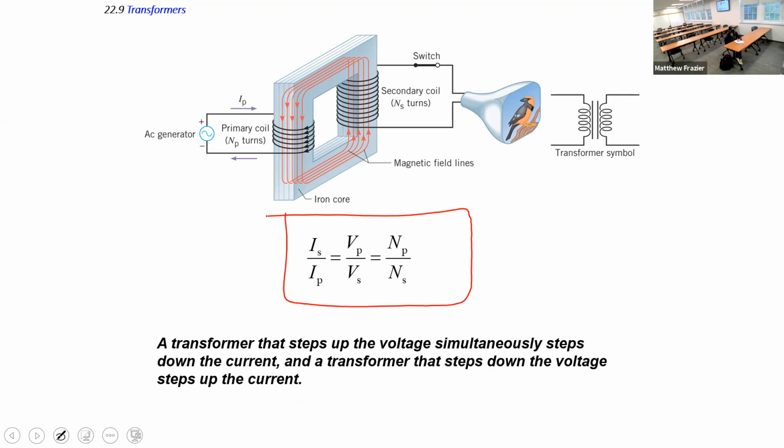And since it's ideal, we pretend there are no losses. Power in is power out. And so when you do this in the lab in a week, it'll be obvious that it's not 100% efficient. But you'll get the general idea that the more turns you have in your transformer, the bigger the ratio of turns, the bigger it steps up and down.